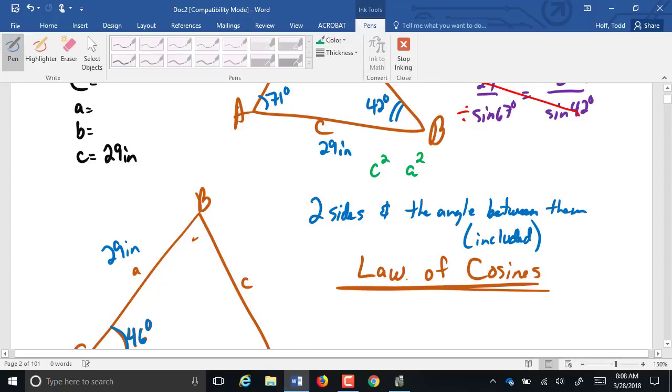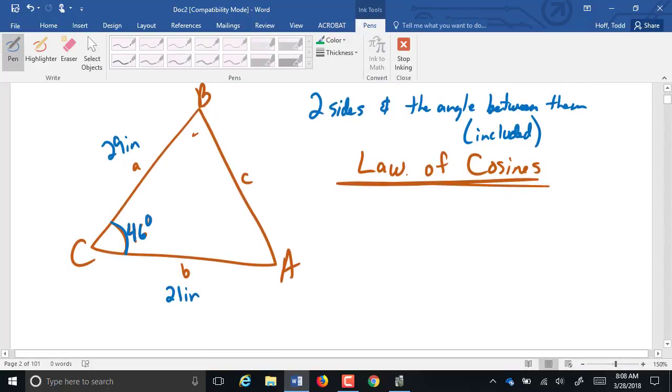Yes, c squared equals a squared plus b squared, or a squared plus b squared equals c squared. Law of cosines, and you don't have to write this down now because we'll go through it more tomorrow. The law of cosines says c squared equals a squared plus b squared. But since c is not a right angle, there's an adjustment factor, a correction factor: minus 2 times a times b times the cosine of angle c.